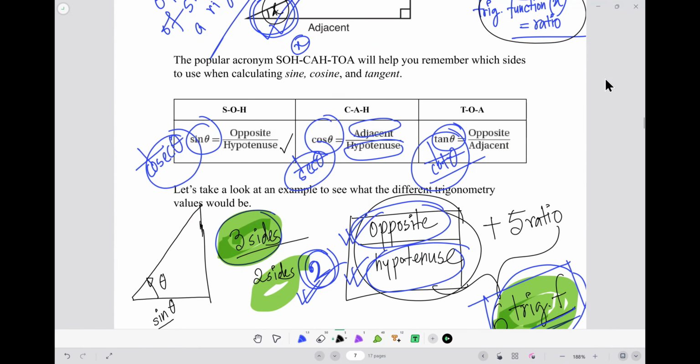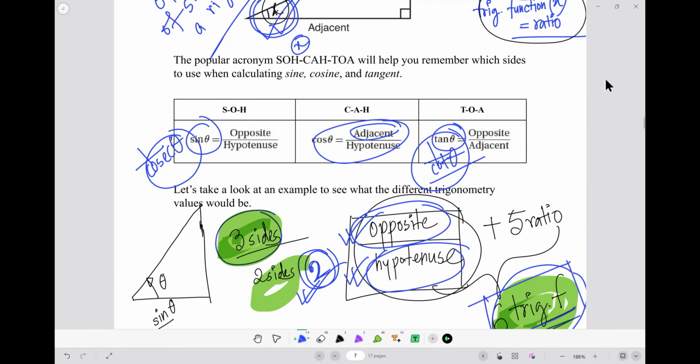The ratio for each particular trigonometric function is identical to that function. If you change the adjacent into opposite, then the ratio will change.